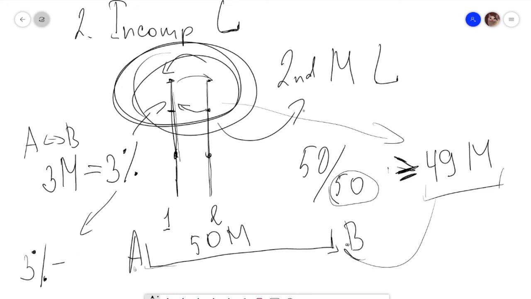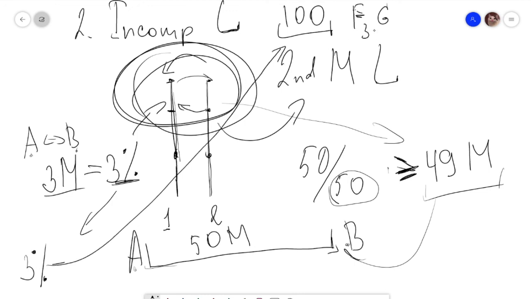If we have 100 individuals in, for example, the F3 generation, and we know the distance between genes A and B is 3 morganids, there is a 3% chance of crossing over, and 3% of 100 individuals of the F3 generation is 3 organisms.